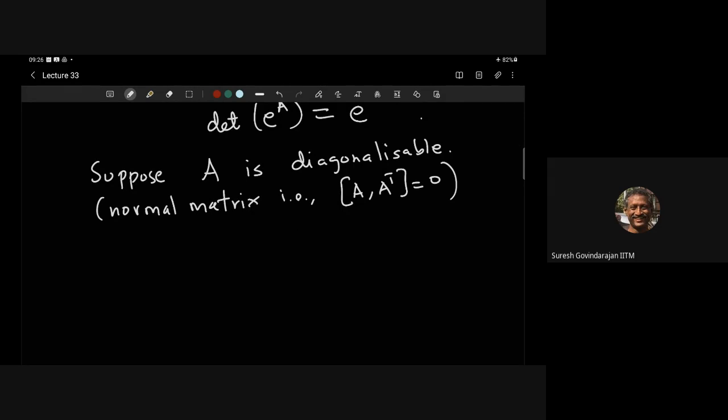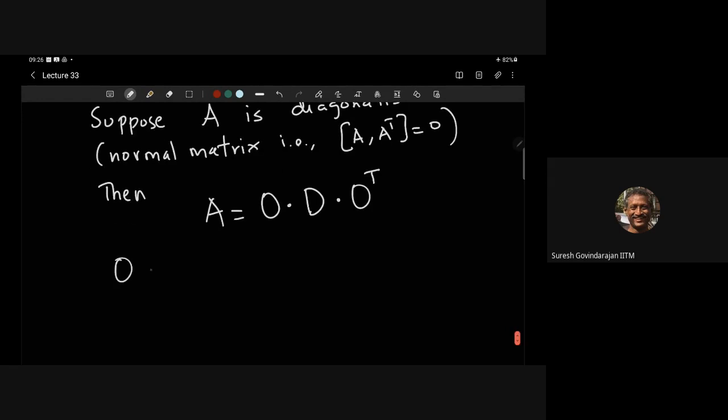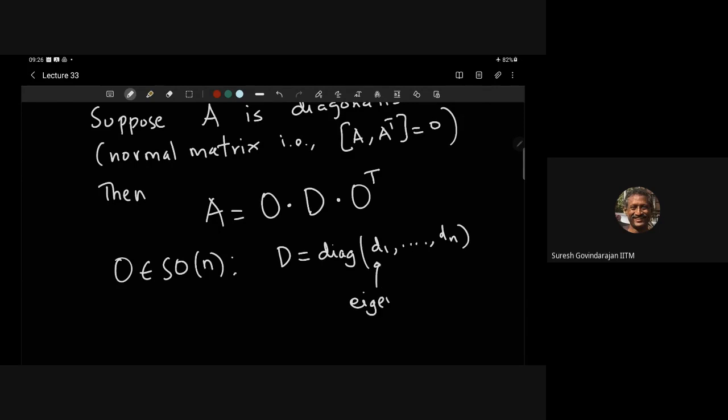Suppose A is diagonalizable, that means A can be written as some special orthogonal matrix O transpose times some diagonal matrix D times O. These are the eigenvalues of A.